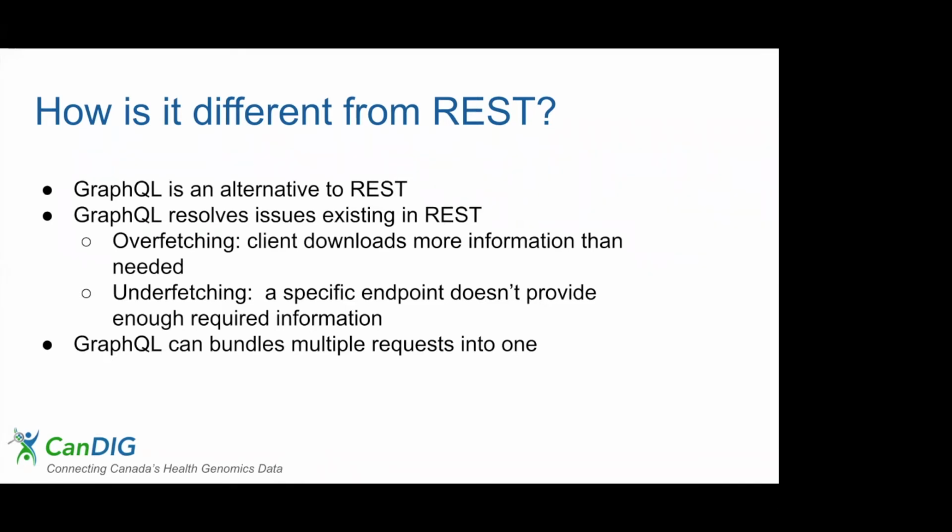So the client might download more information than needed, since some information in the objects might not be needed for the client. There are also underfetching issues. One specific endpoint probably doesn't provide enough required information for the client, so the client might have to query multiple other endpoints as well.